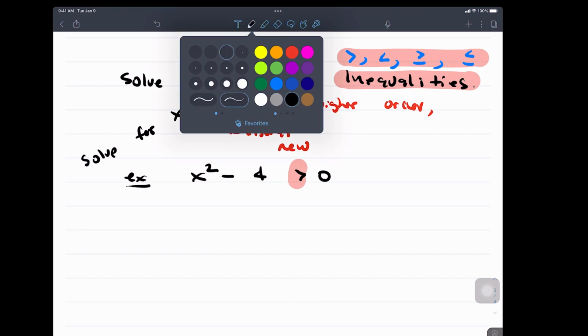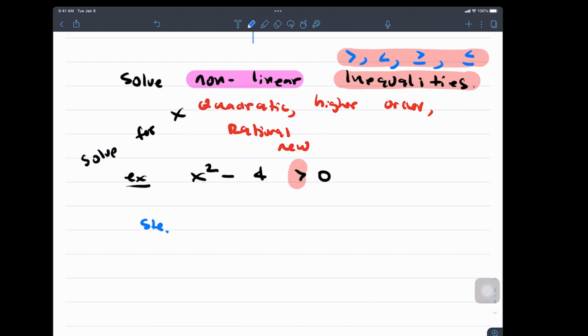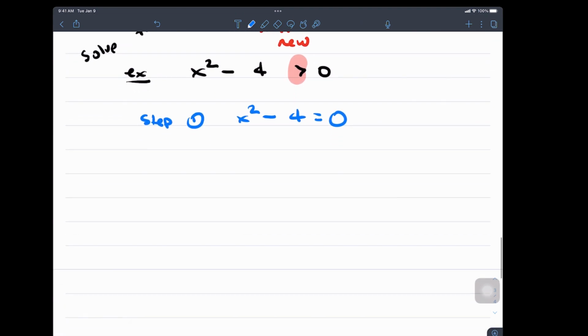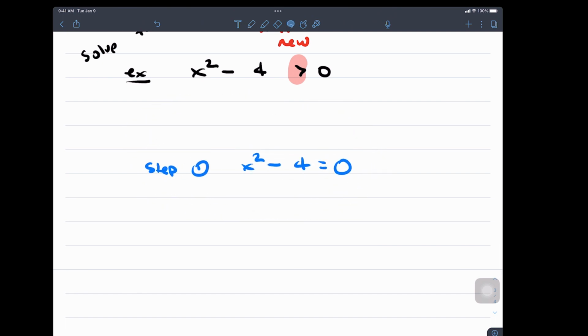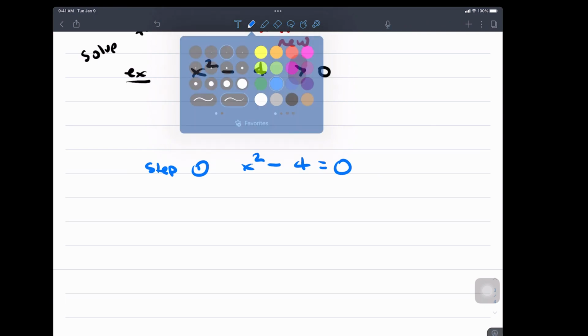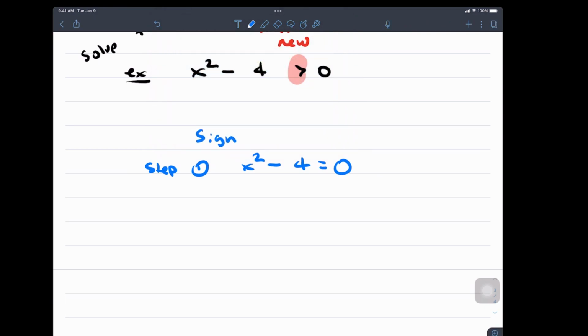So you say step 1. What do you do for step 1? Well, here's the process. The process is known as, when you have this here, this process, this is new. We call this process sign analysis.